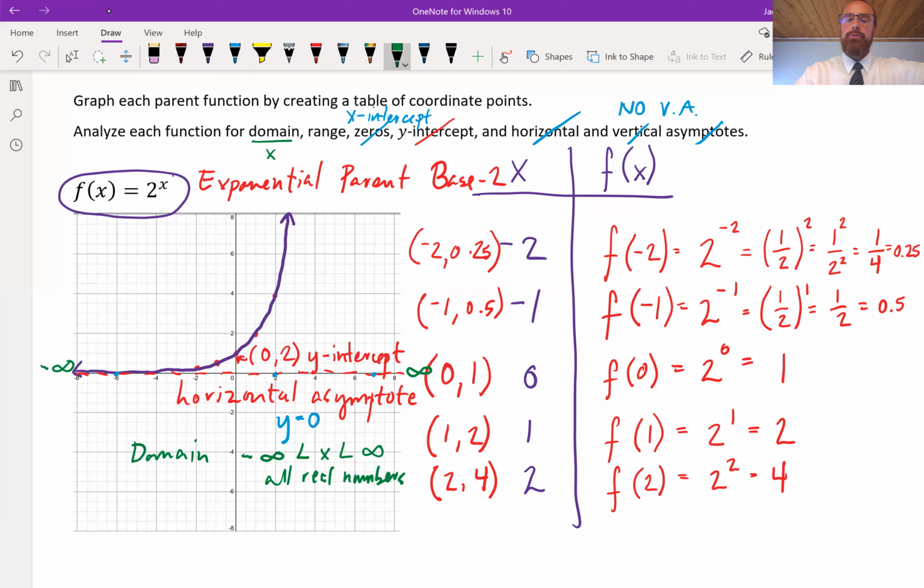Remember, with interval notation, we can drop the variable x and just put parentheses, negative infinity, comma, infinity, close parentheses. So there's 3 ways to write the same description.